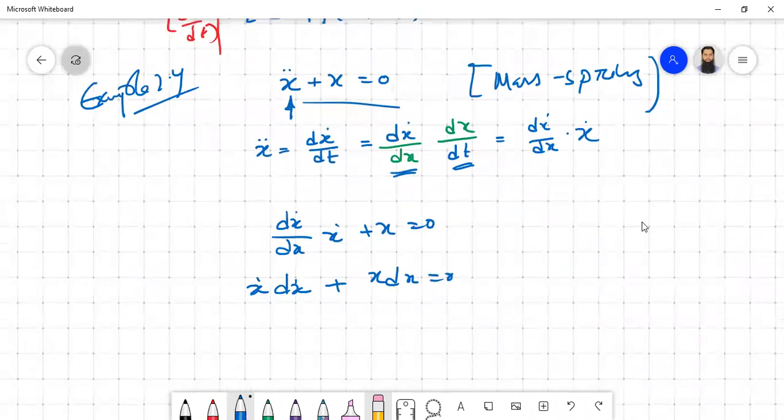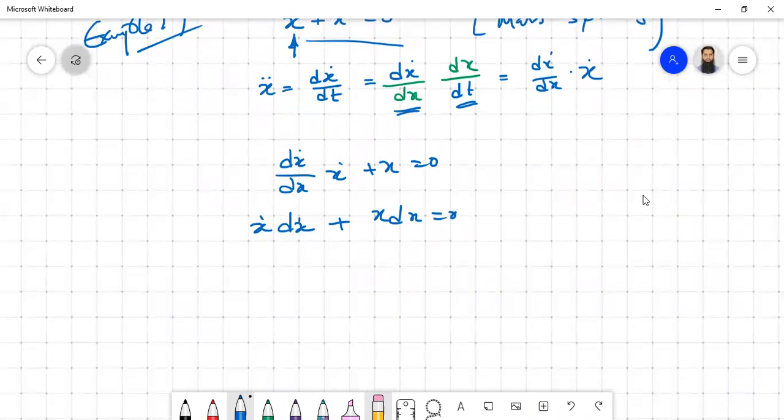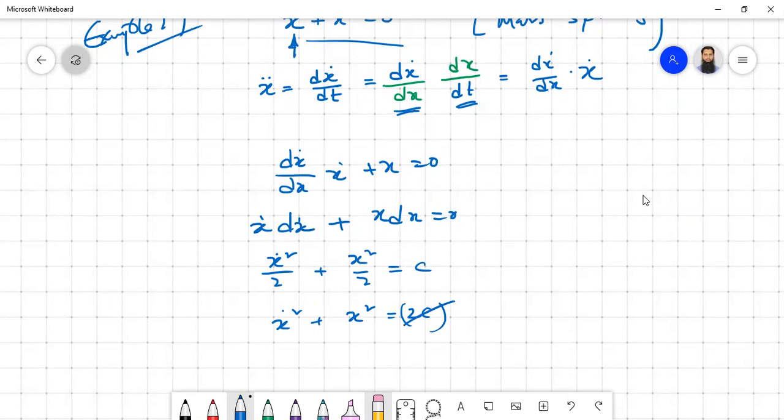If you integrate both sides, you get x dot square by 2 plus x square by 2 equal to some constant c. So x dot square plus x square equals 2c. We can consider 2c as x0 square, just making it a square term. So now this represents the same solution as before.